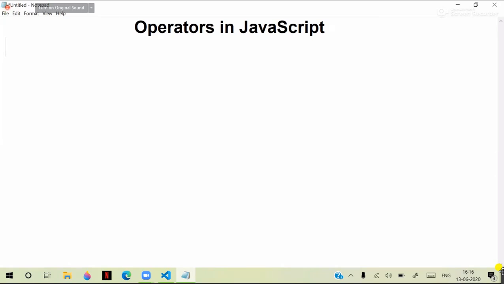The purpose of an operator is to evaluate values.